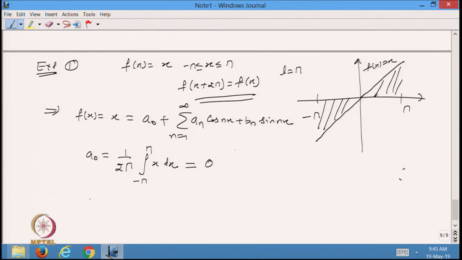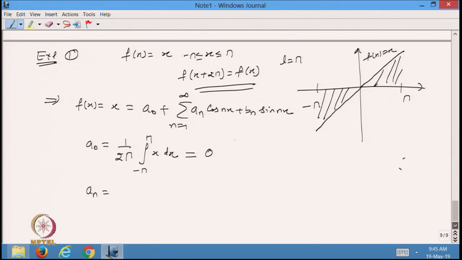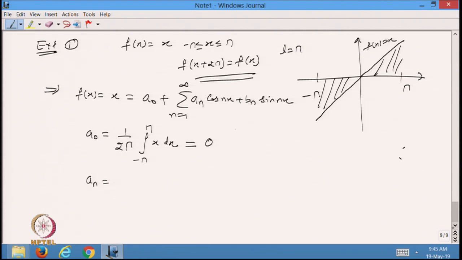Now, I want to find the value of a n. This one you can do very easily, because it will be 1 over 2 pi and this is x square by 2 from minus pi to pi, and then it will be 1 over 4 pi times pi square minus pi square. So, this will be 0.